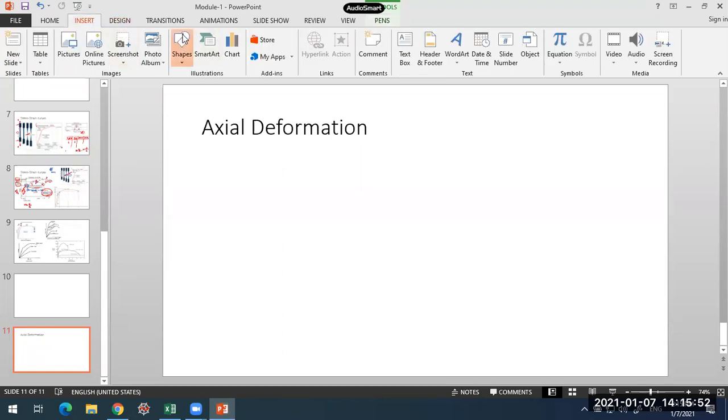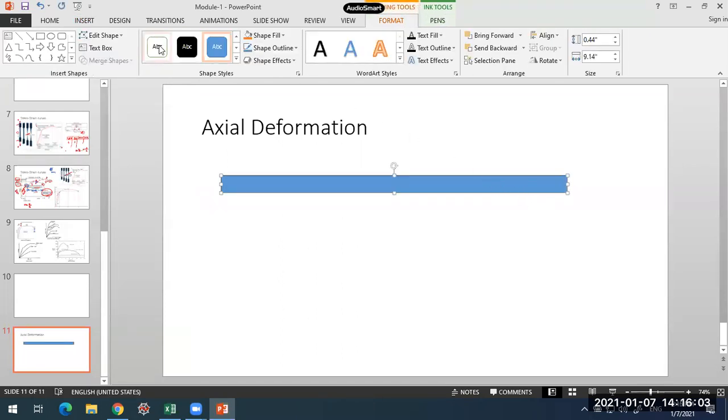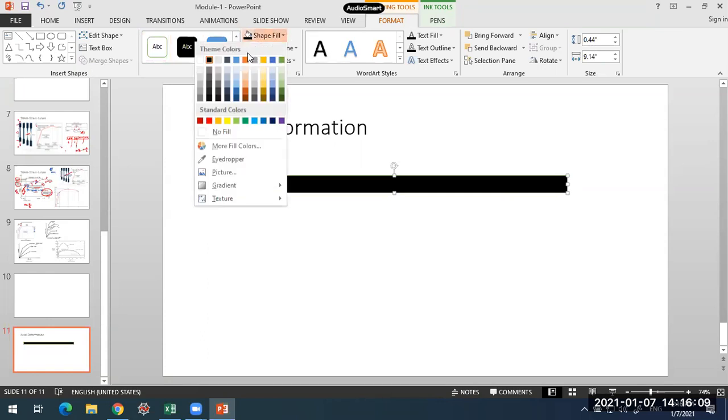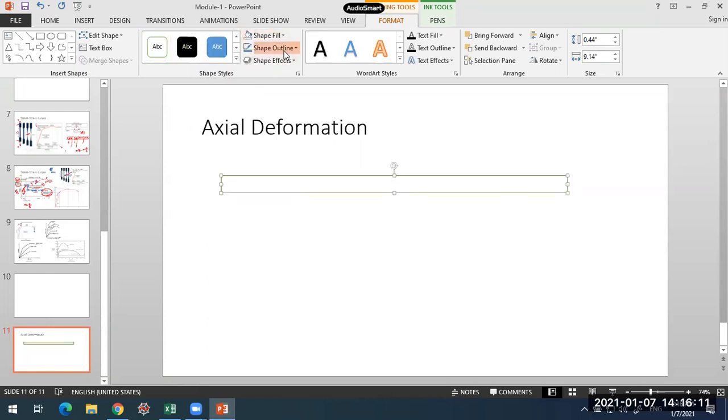For this purpose, what we'll do is we'll take a bar of a uniform cross section. Let's say this is a member, a straight bar, with the cross section constant or uniform throughout.